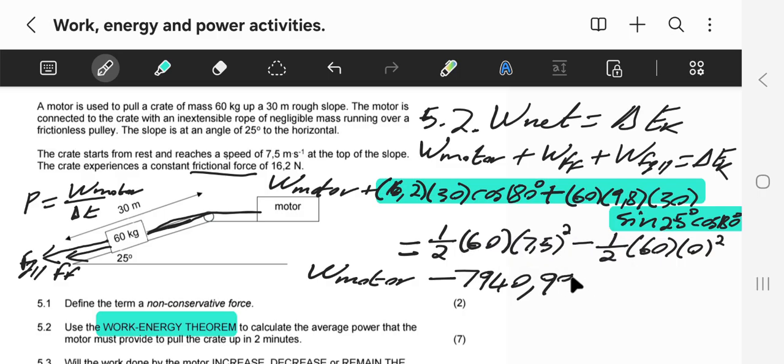7940,999. Okay, obviously we shouldn't round off to 2 decimal places before the final answer, so the full answer is still on my calculator. I'm not gonna cancel it, it remains there, but here I'm writing it in short, and then I go to the other side. On the other side, this is what I have here.